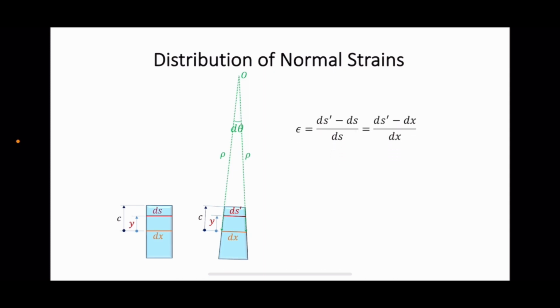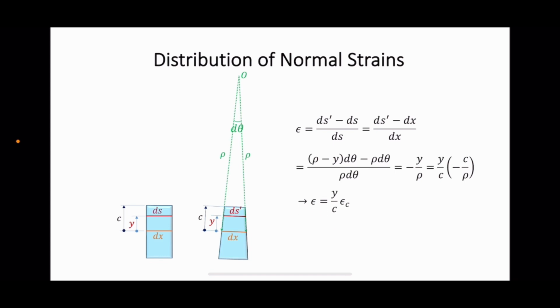As a convention, the upward direction is usually used as the positive direction of parameter y. That said, we can rewrite the equation to determine the normal strain for line segment ds. From here, we see the normal strain that we defined is a linear function of y, which can be found based on the normal strain at the top fiber of the beam.